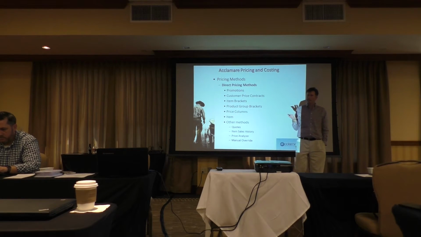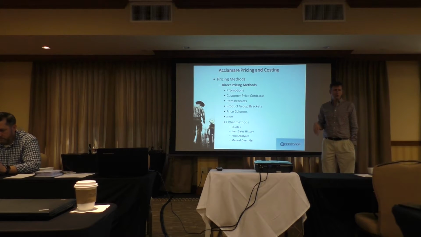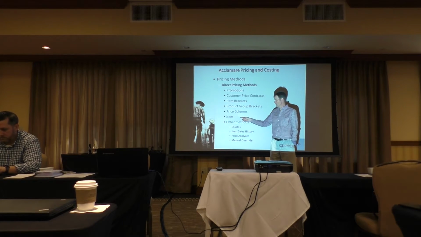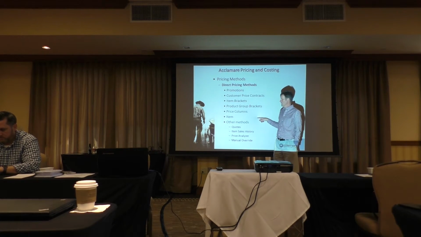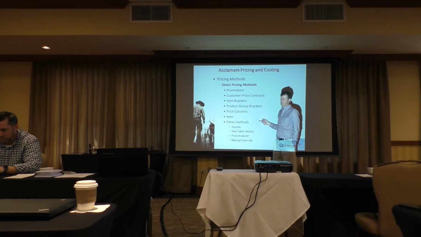You know how easy that is to maintain? What I just did, it's really simple to maintain. But it catches everything. So if you don't have an item list price, which is what this should say, item list price, you don't have that, then this catches it, and you don't have to maintain this.